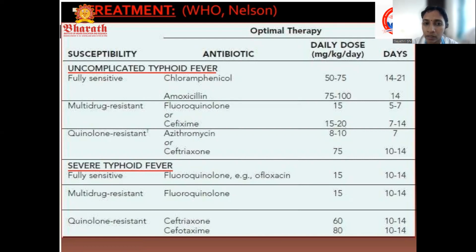The drugs of choice are chloramphenicol and amoxicillin. The dose of chloramphenicol is 50 to 75 mg per kg per day and amoxicillin 75 to 100 mg per kg per day. On an average, usually for all infections, when you take pharyngitis, pneumonia and all that, you will prescribe antibiotics for around 1 week.